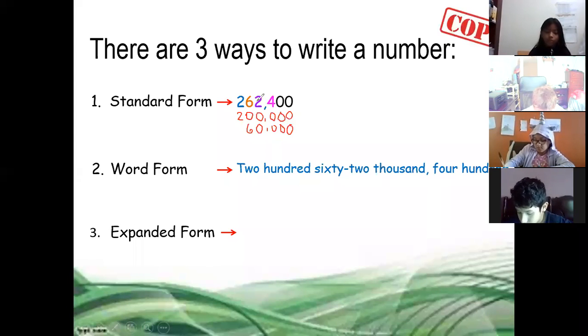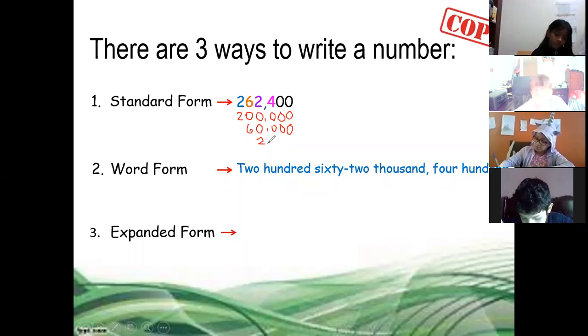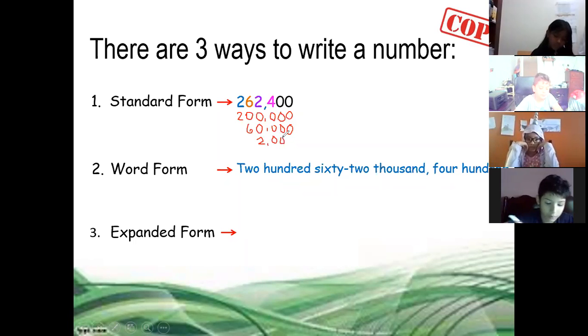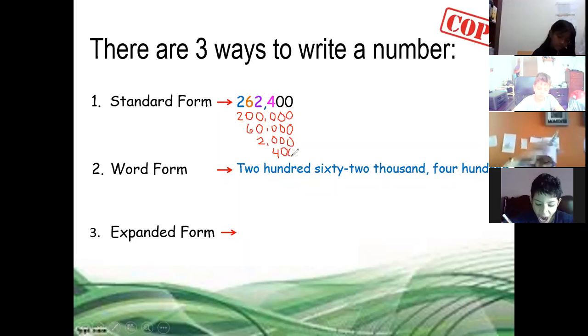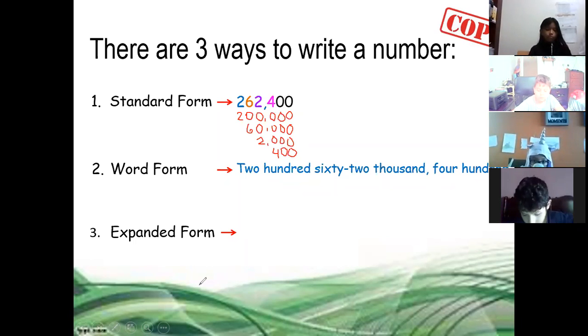Next number is a 2, and again I complete the spaces using zeros. Then I have a number 4, and after it 2 digits which are zeros. The next ones I don't write down because they are zeros.